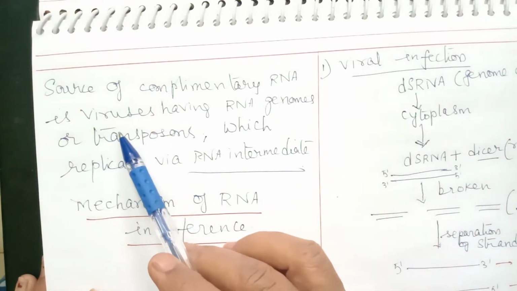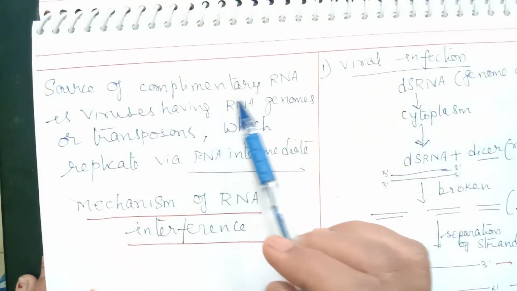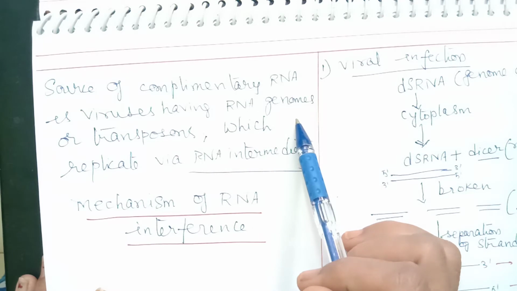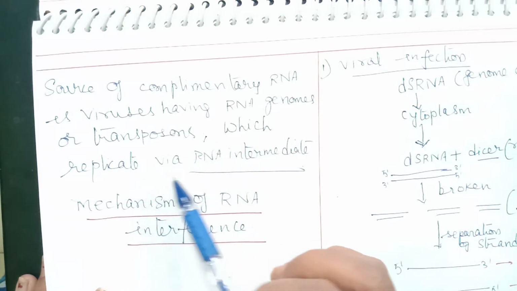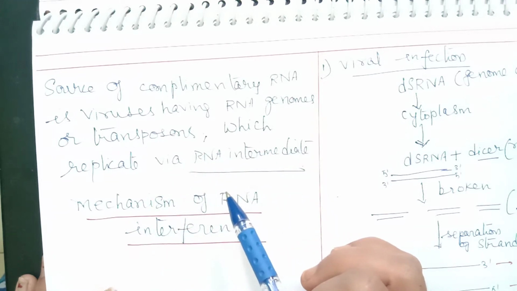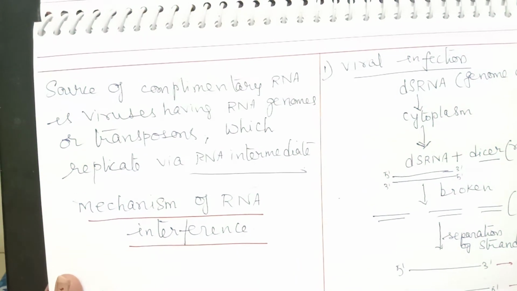The source can be viruses having an RNA genome, or transposons. These replicate via an RNA intermediate. That means they produce RNA, and then through RNA they start replicating.